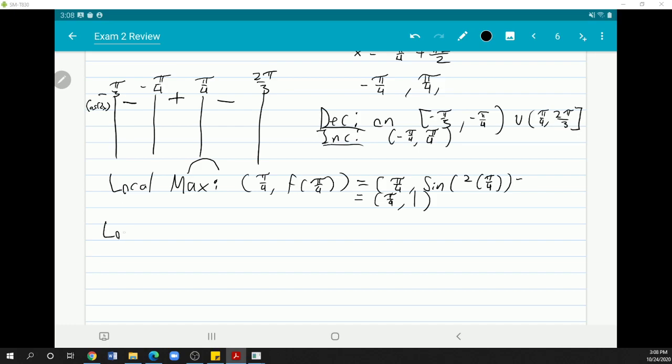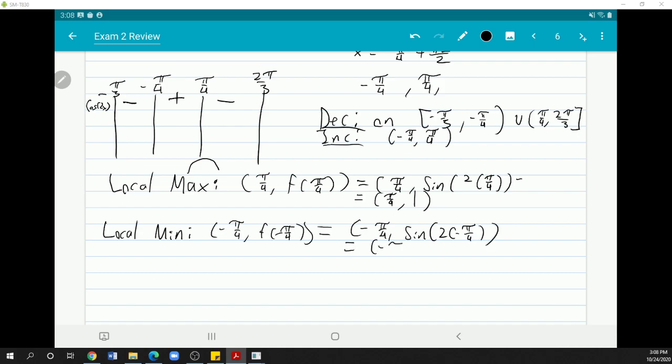And then similarly, there's going to be a local min at minus pi over 4, f of minus pi over 4, which is equal to, again, if you plug this in, minus pi over 4 sine of 2 times minus pi over 4, which will give you minus pi over 4 times minus 1.